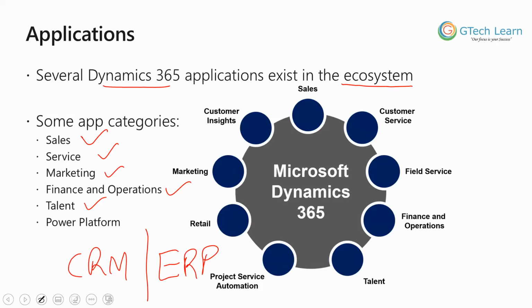I've got my Power Platform, which can have the Power applications, the Power Apps, talking about the Power Platform availability of our D365 architecture. All these applications come under Microsoft Dynamics 365, whether it's Retail, Finance and Operations, Project Service Automation, Talent or Field Service, or any of those applications down the line.